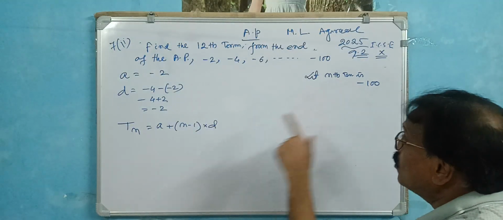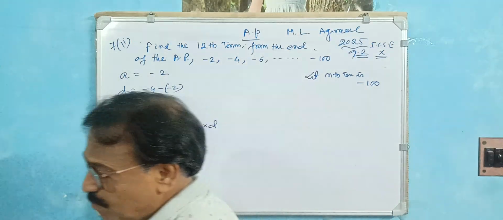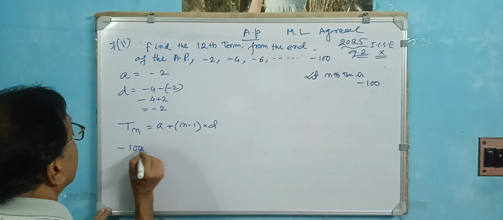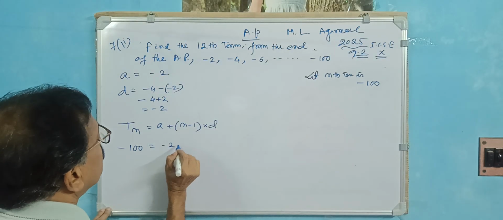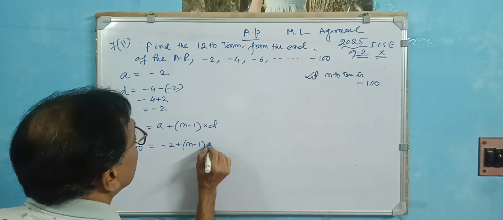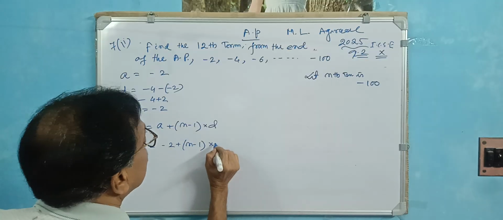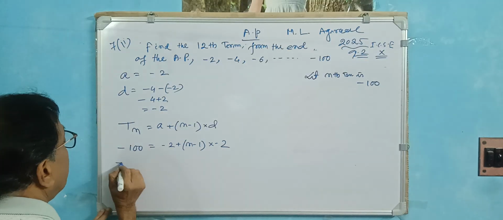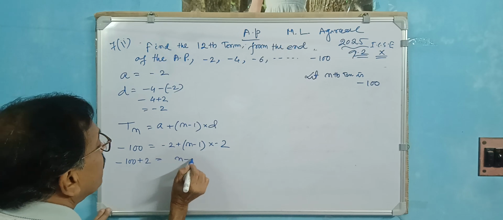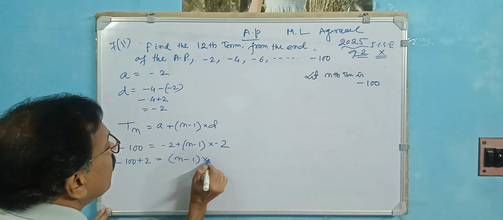You know the value of the nth term is minus 100. You know a is minus 2, d is minus 2. First you find n. So minus 100 equals minus 2 plus n minus 1 into minus 2.